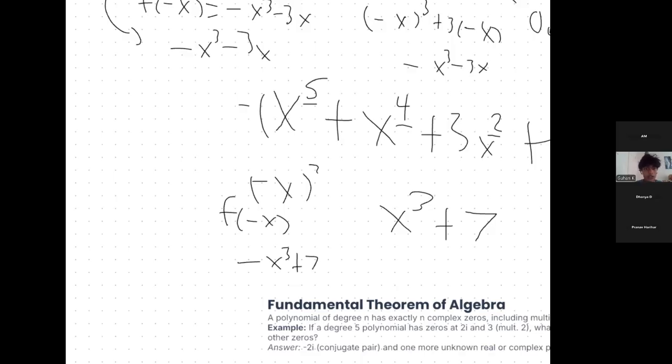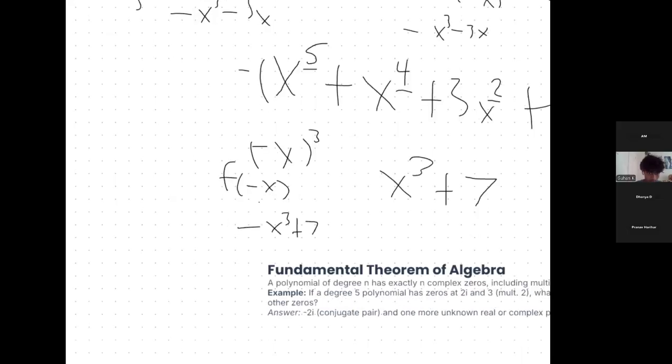Whereas negative f of x, we multiply this by negative 1, is going to be negative x cubed minus 7. These two do not equal each other either, so this is also going to be neither.